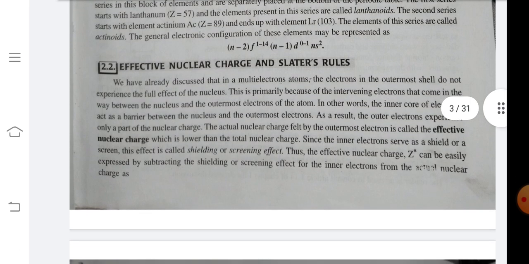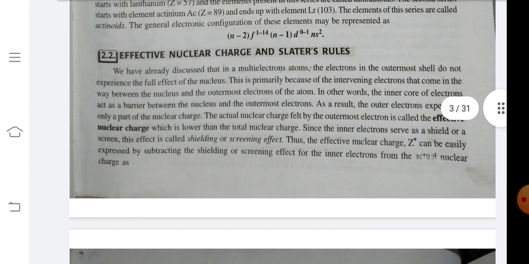Effective nuclear charge and Slater's rules. We have already discussed that in multi-electron atoms, the electrons in the outermost shell do not experience the full effect of the nucleus. This is primarily because of the intervening electrons that come in the way between the nucleus and the outermost electrons of the atom. In other words, the inner core of electrons acts as a barrier between the nucleus and the outermost electrons.